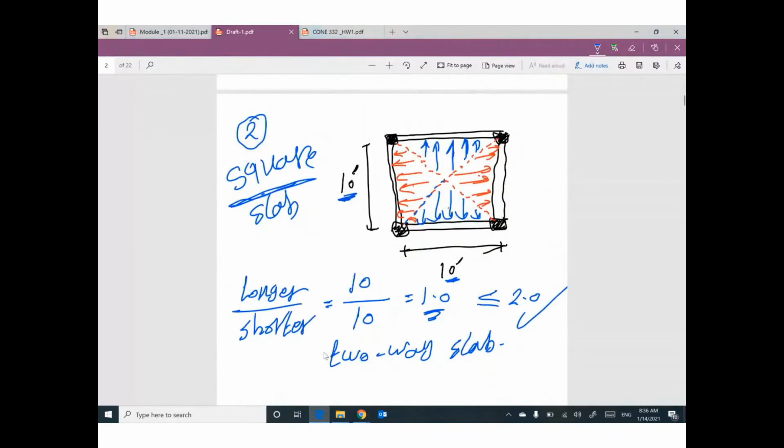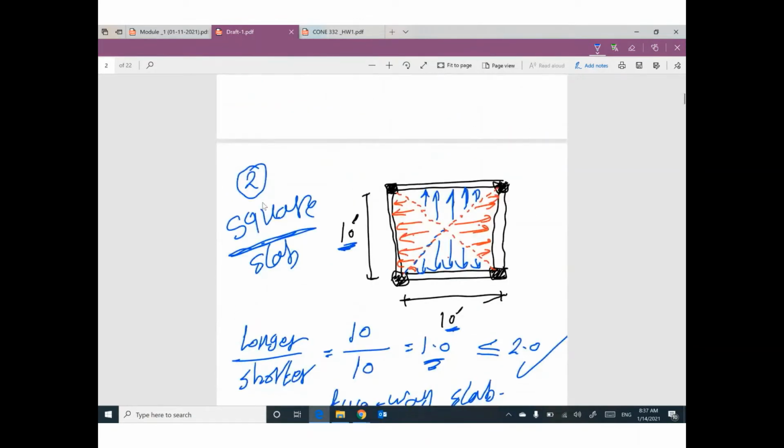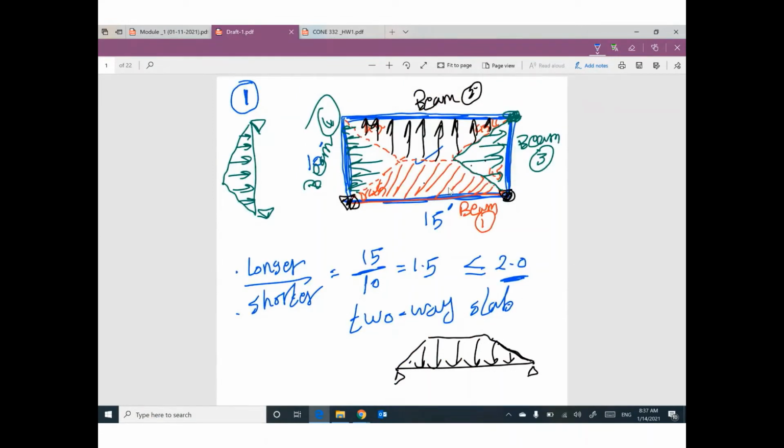This point is very important. For example, in the exam, one student will say, hey, any two-way slab, I will divide it into this shape, two trapezoids and two triangles. However, if I give you a square slab and you draw this shape, you will get 0. Be careful. If you have a two-way slab, we need to draw 45 degrees, 45 degrees, 45 degrees, 45 degrees, and extend.